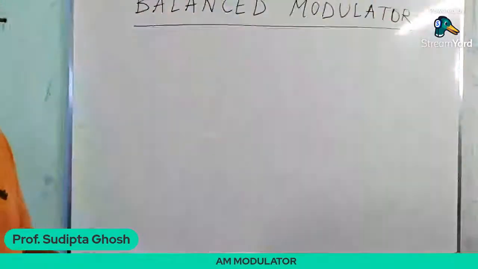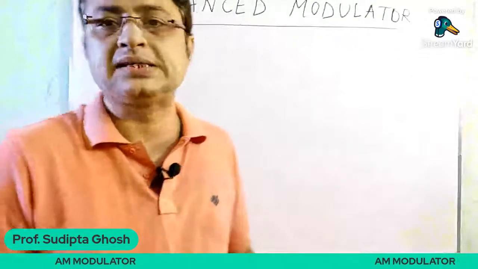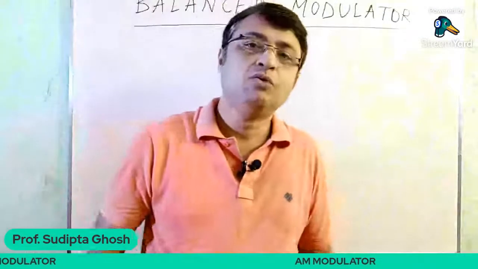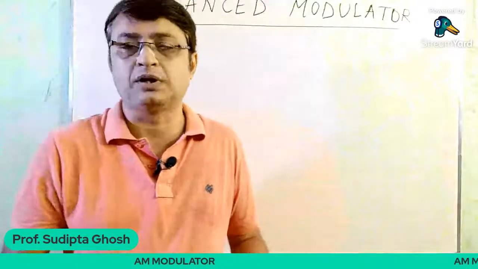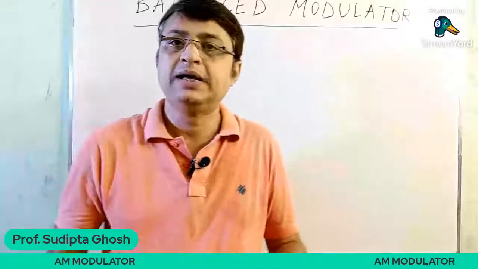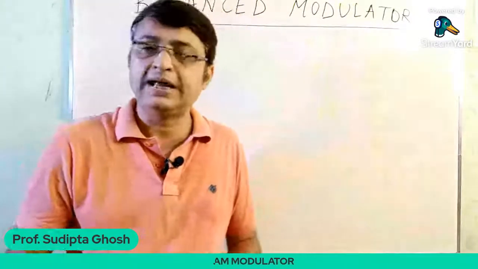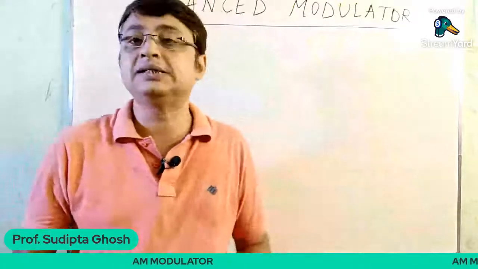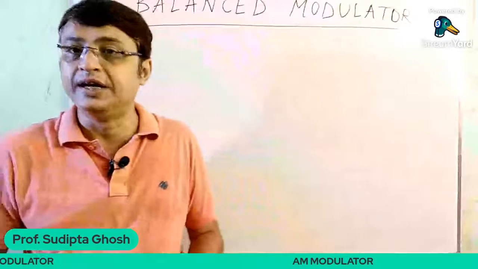Okay. So let's move on to the balanced modulator. We have already learned that there are three types of SSB generation. Number one, the single sideband full carrier. Number two, the single sideband suppressed carrier, and number three, the single sideband reduced carrier.